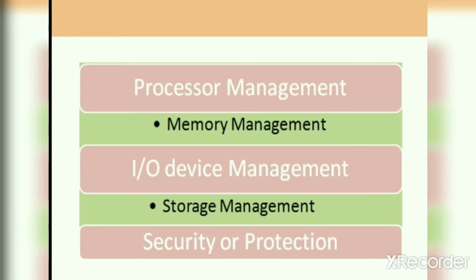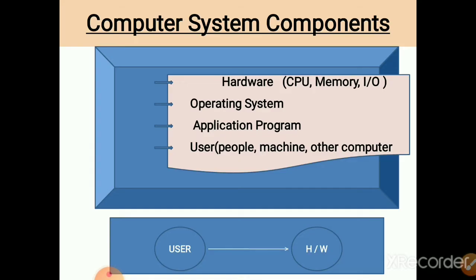If the password is correct, you can access the files. This is the responsibility of the operating system, so no unauthorized user can access the files. Here I have discussed only five main functionalities of an operating system. In the upcoming videos we will discuss them in detail.